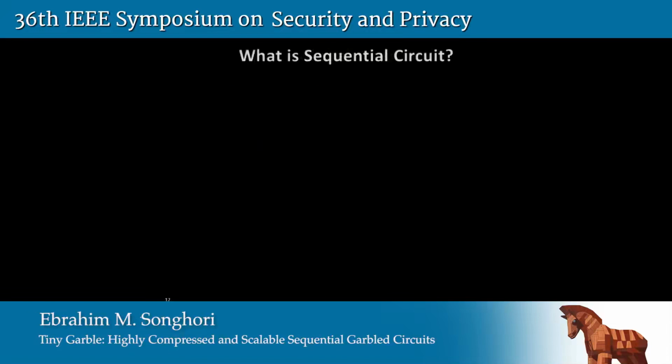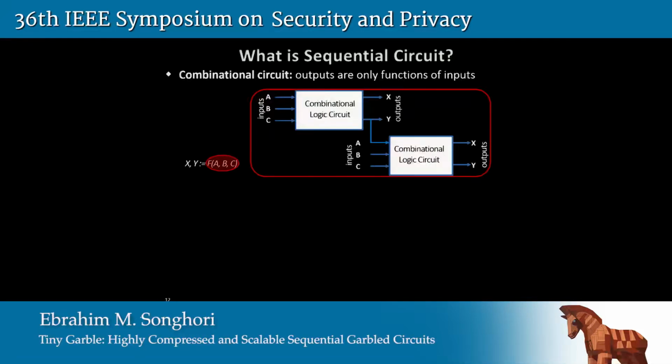So what about the sequential circuit? What is a sequential circuit? Usually when we are thinking about a Boolean circuit in garbled circuit, we are referring to a type of circuit called combinational circuit in hardware design. In combinational circuit, outputs are only a function of inputs. So we have a directed acyclic graph from inputs to the output.